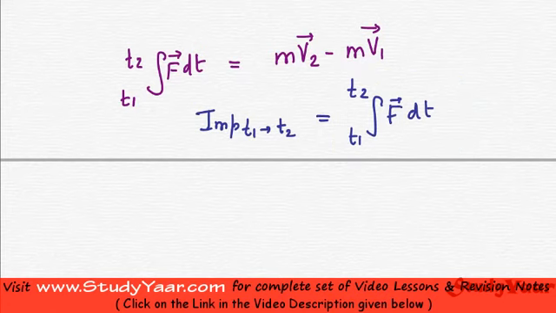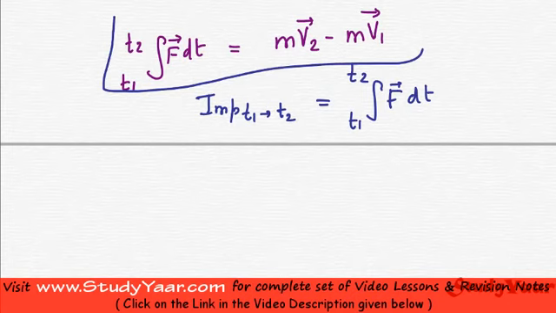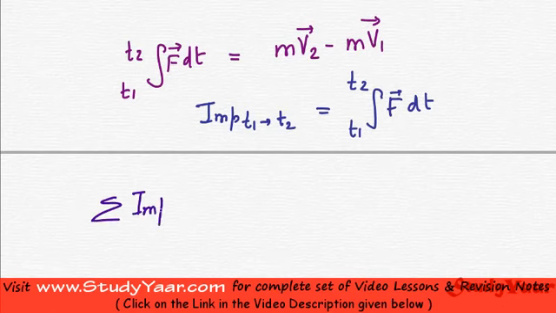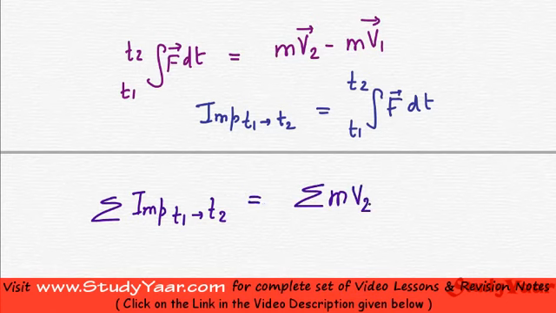Now let's suppose I have many different bodies connected together in some system. Then I would have to find the impulse on each body, and this would hold for the forces acting on those bodies. Therefore, the sum of impulses from t1 to t2 is equal to the sum of momentum of each body at point 2 minus the sum of momentum of these bodies at point 1.